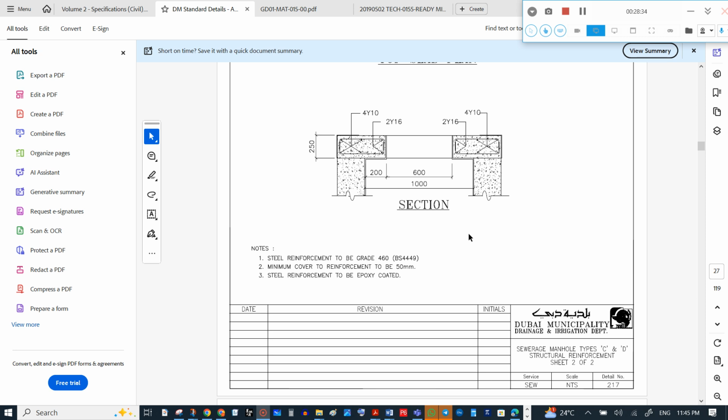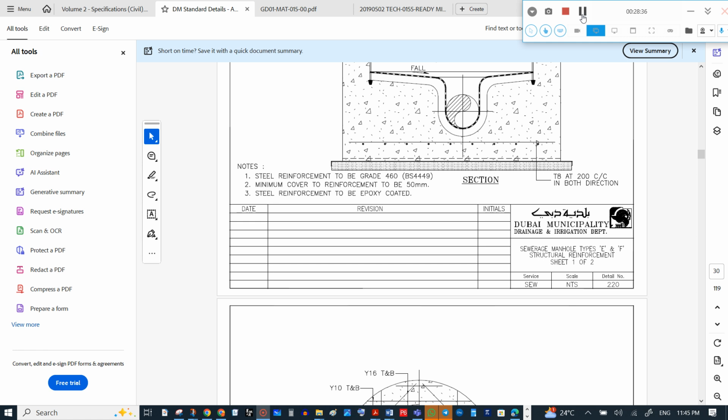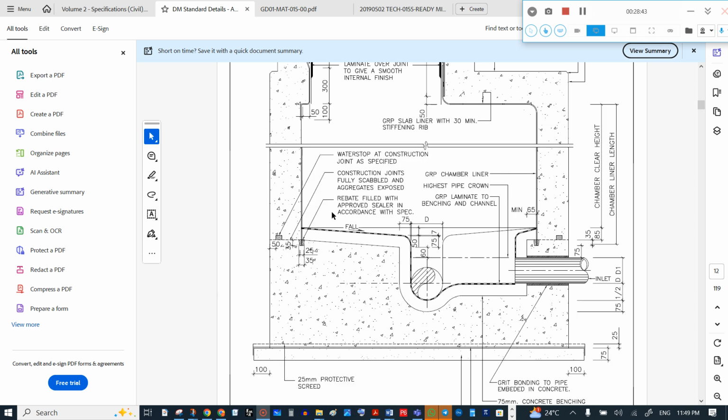So the list of next items are water stop, construction joints, rebate, approved sealer, chamber liner, TRP laminate, then benching and haunching, channeling, granolithic flooring, epoxy coating if any, then laminate over joint, then waterproofing, which we already discussed.